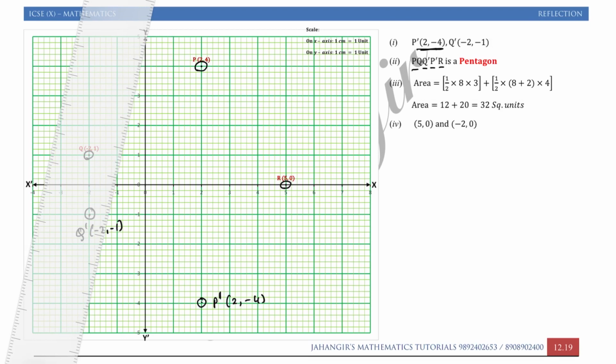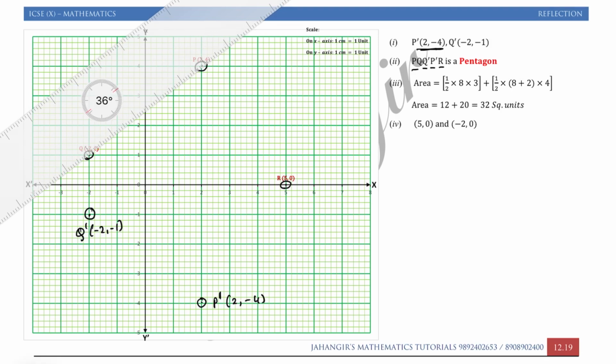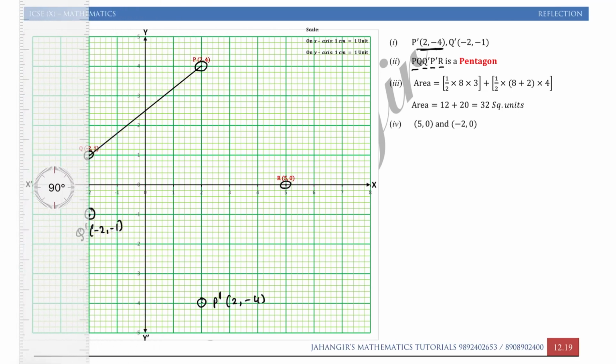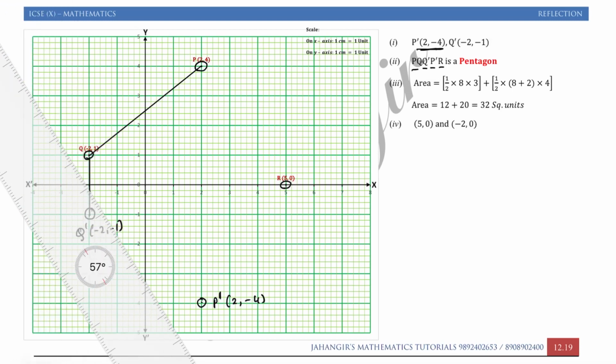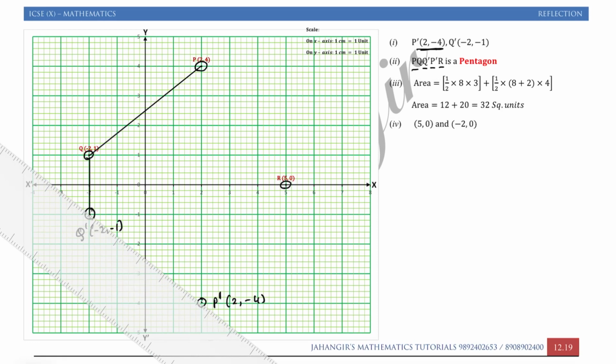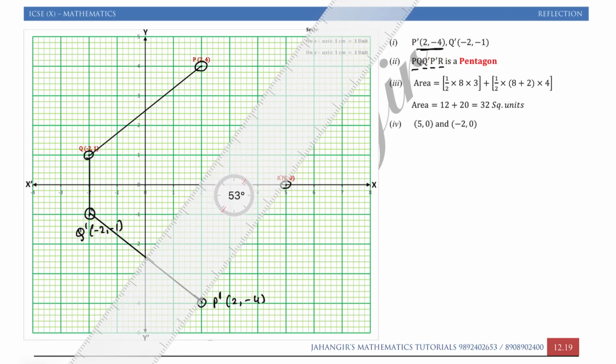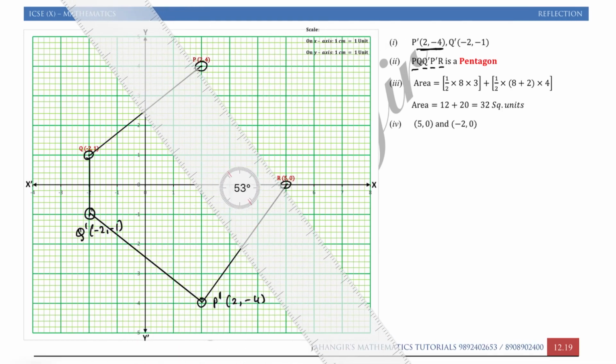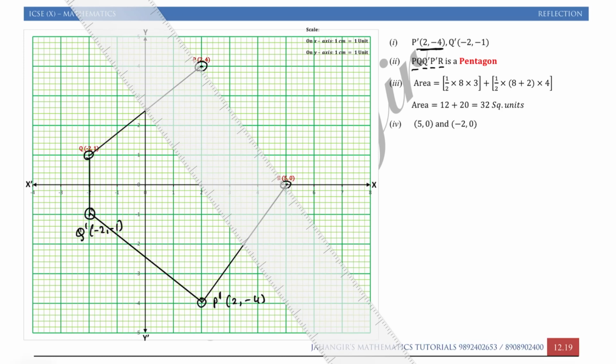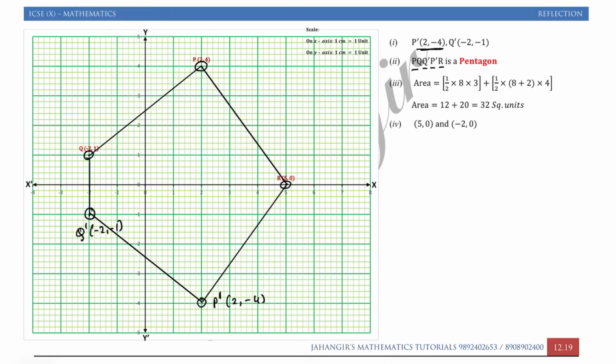So starting with P, we'll go to Q. PQ, QQ', Q'P', P'R, and R I have to join with P. Okay, so you got a pentagon.